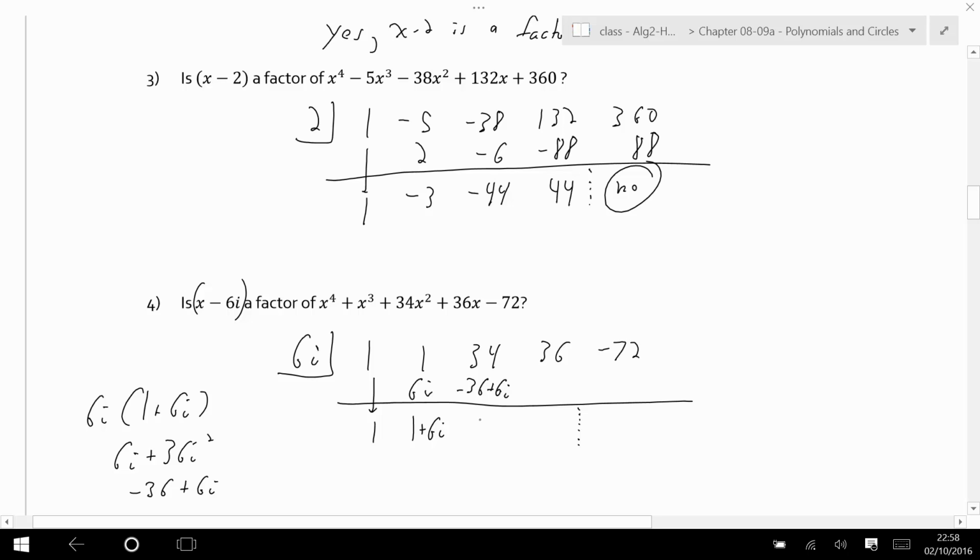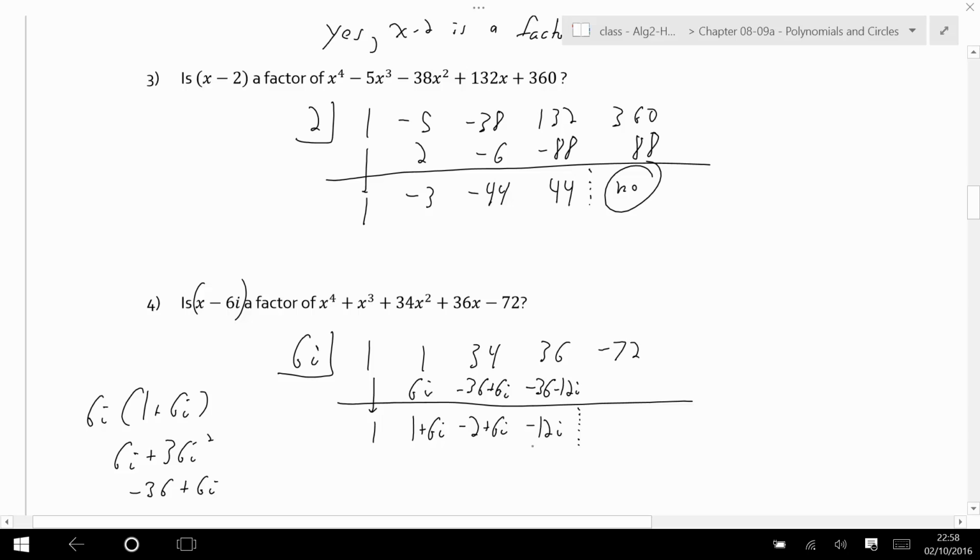This isn't that bad because if I add, I just get negative 2 plus 6i. Well, when I multiply 6i by 6i, I get negative 36 again. And when I multiply 6i by negative 2, I get negative 12i. And I add, and the negative 36 and 36 drop out.